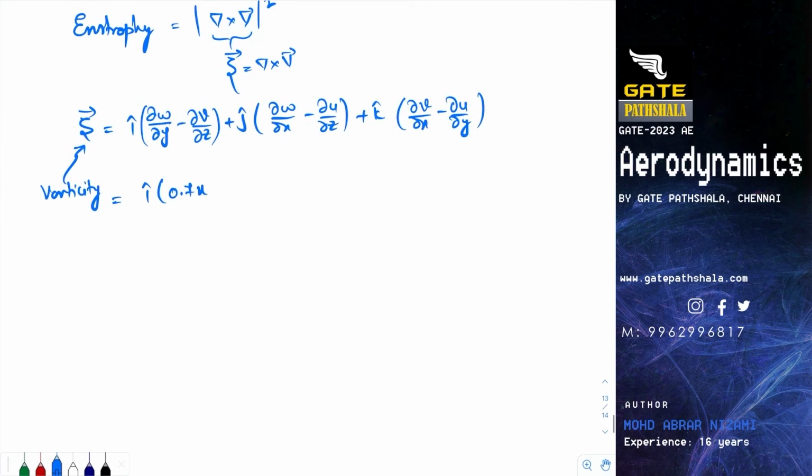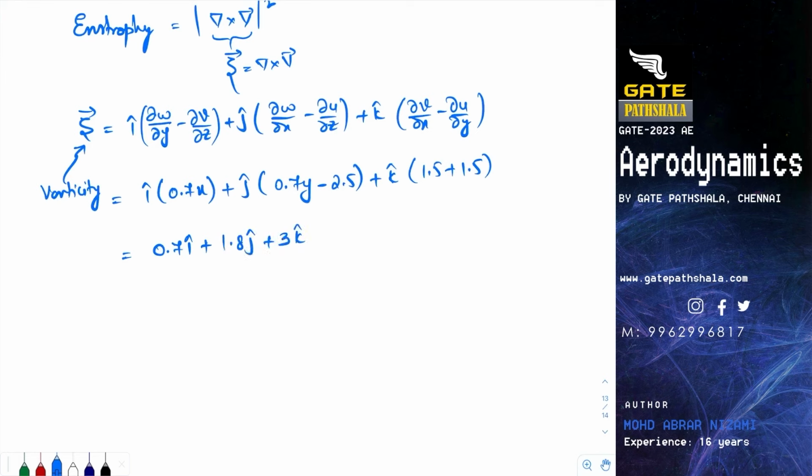So we have I cap into 0.7x minus 0 plus j cap into 0.7y minus 2.5 plus k cap into 1.5 plus 1.5. So this happens to be 0.7 I cap plus 1.8 j cap plus 3 k cap.